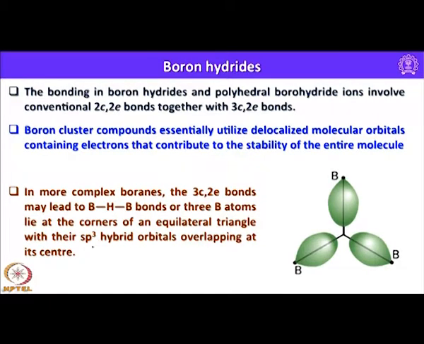You can see here, let us say each boron atom has one empty sp3 orbital, and 2 others have 1 electron each. So they overlap in this fashion to have a bonding of this type. This is also essentially a 3 center 2 electron bond.